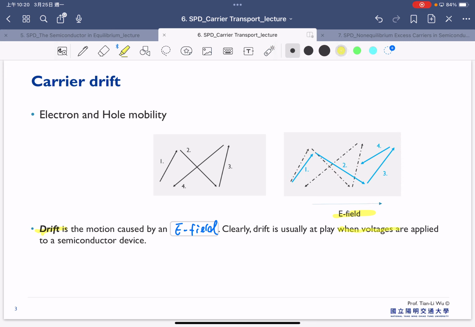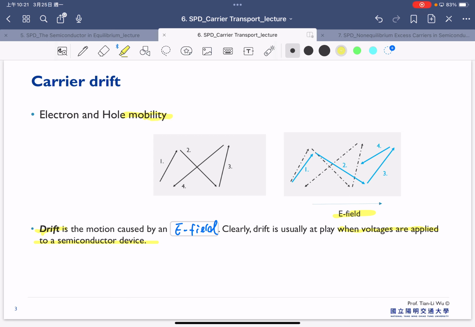So when voltage is applied to the semiconductor device, you will start to see the electrons and holes move. We can then think about how to calculate the moving rate. That's what we call mobility.